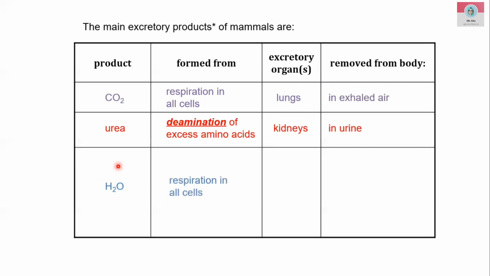Water is produced as a result of respiration in all of our cells. So the excretory organs include kidneys as part of our urine, the skin when we sweat it out, and also our lungs as exhaled air. This is just a summary table that you can take note of to remind ourselves what are the major excretory products of mammals, how they're formed, what are the excretory organs, and how it is removed.